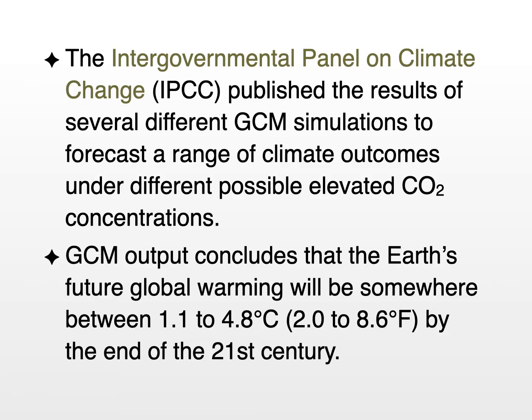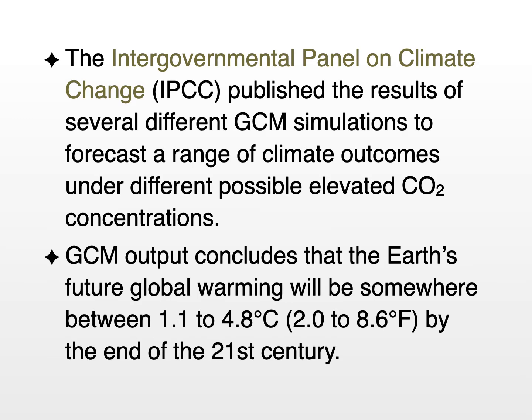The Intergovernmental Panel on Climate Change, or IPCC, publishes the results of different GCM simulations. They've released 5 different reports. The 6th one's about to come out, and they forecast how the climate is going to change due to a range of possible outcomes or scenarios. In fact, they have 4 main scenarios.